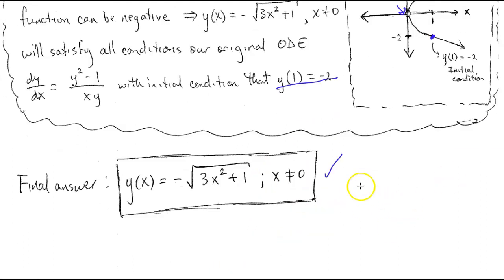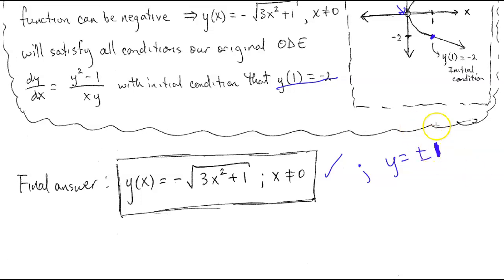Now, the very last thing I want to say before we end this video is that notice that we also had constant solutions of plus or minus 1 here. Since this was an initial value problem, we have to choose one solution to cover everything.